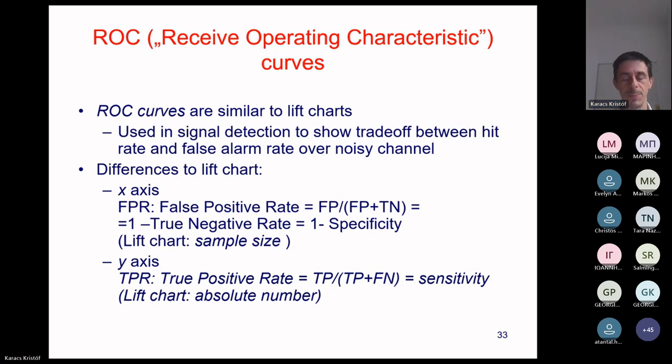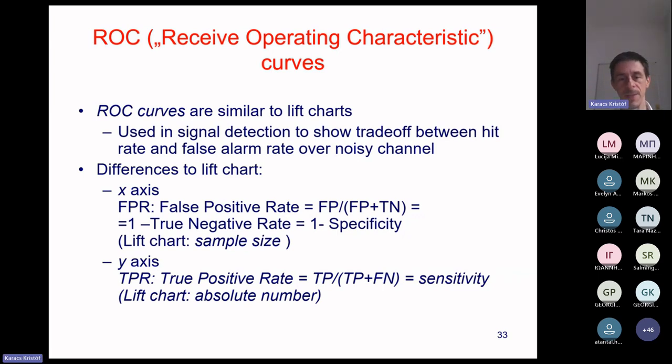They were originally used for signal detection to show trade-offs between hit rate and false alarm on a noisy Telegram channel. And then were picked up by statisticians and data scientists, and they have become very, very widespread in data evaluation.